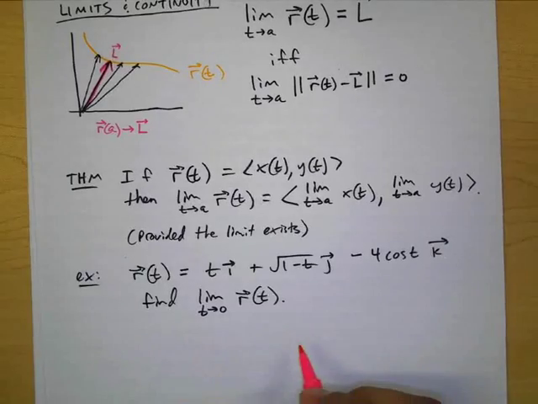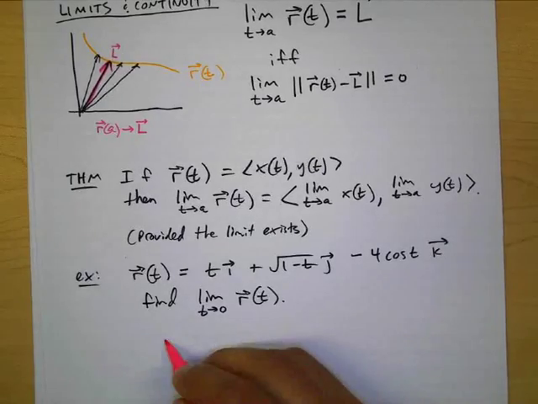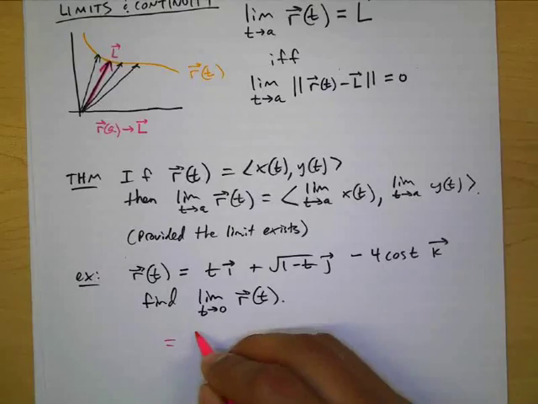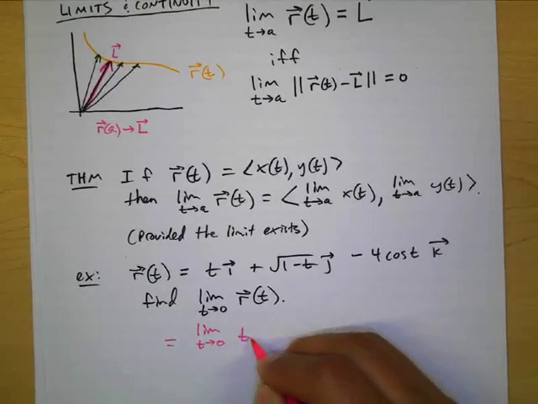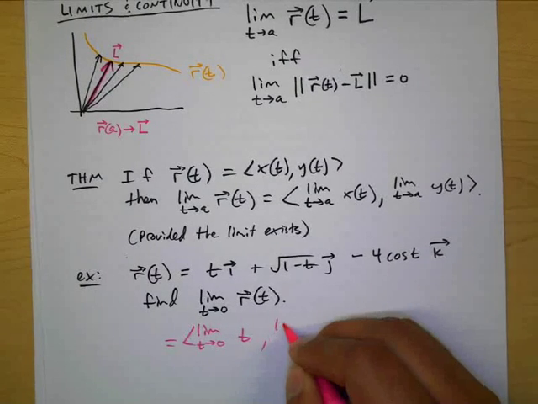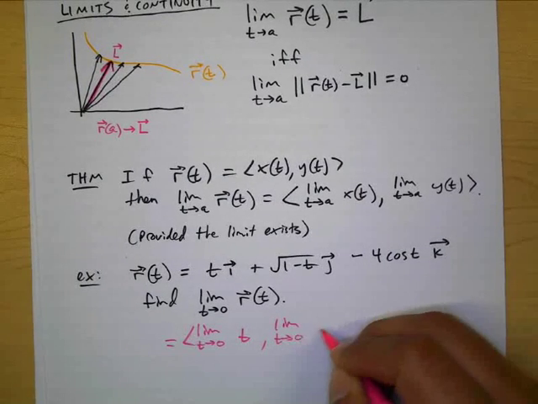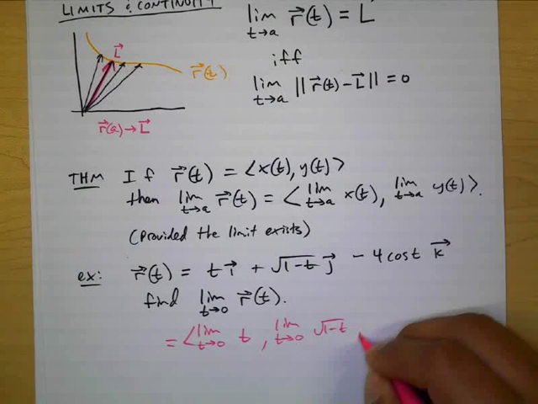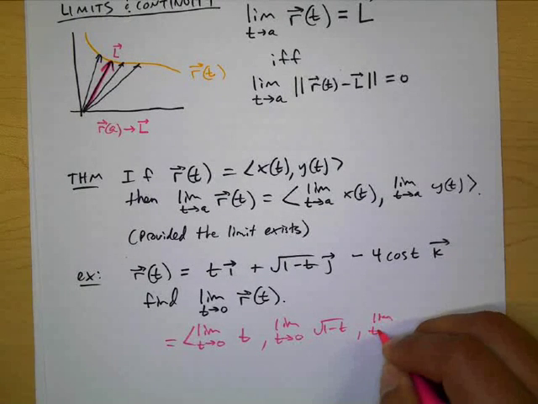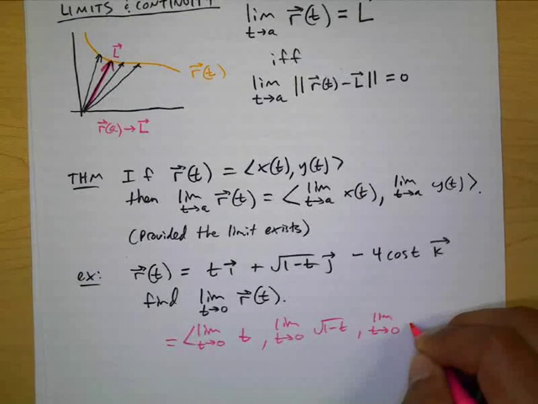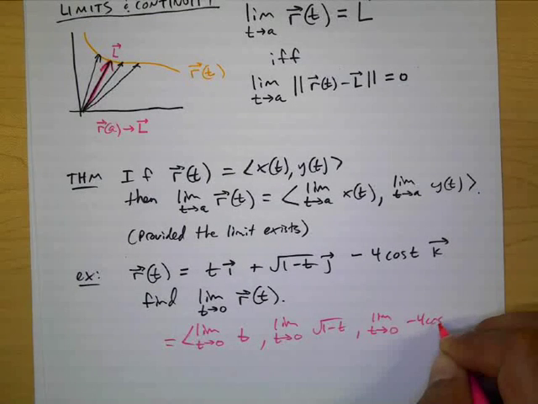So if you plug in 0 for t, and again, I'm just showing the work. You take the limit as t approaches 0 of the x function. You take the limit as t approaches 0 of the y function. And you take the limit as t approaches 0 of negative 4 cosine t.